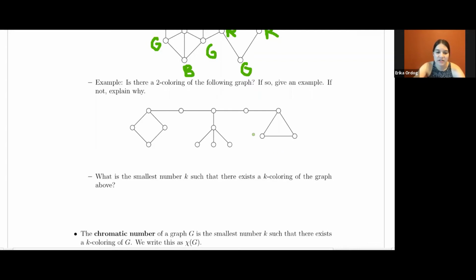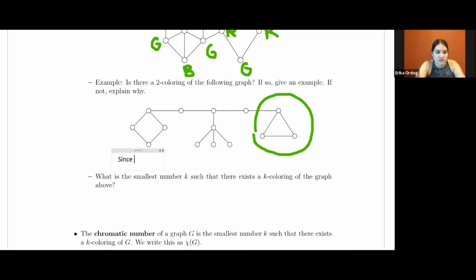Well, I go straight to this part of the graph, this triangle. Notice that in a triangle, all 3 vertices are adjacent to each other. So there can't be a 2 coloring of this graph because we need 3 colors to color in this triangle. So no, there's not a 2 coloring.